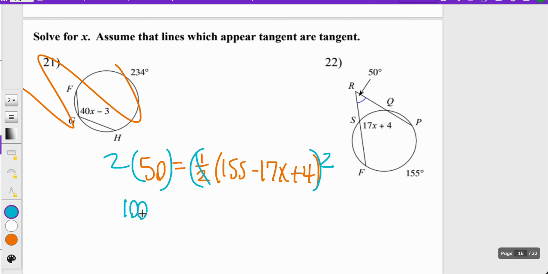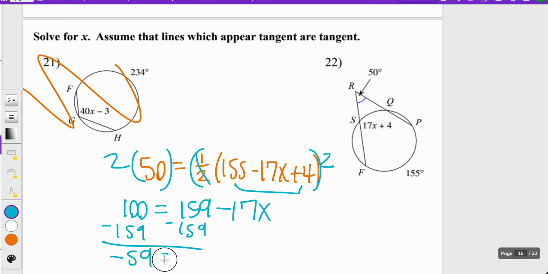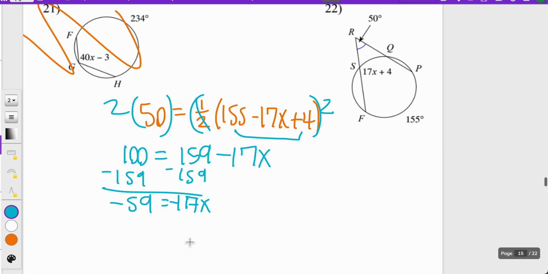So now I've got 100 equals 155. I'm going to put that 155 and 4 together to make 159 minus 17x. Subtracting 159 from both sides, I'm going to get -59 is equal to -17x. And then 59 divided by 17, I'm getting about 3.4. So we're just going to round that and say x is about 3. Okay.